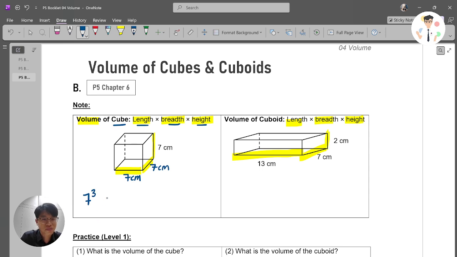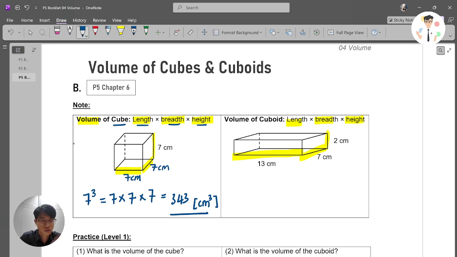And 7 cube does not mean 7 times 3. No, that means 7 times 7 times 7. You can just get your calculator and you should get 343, and in this case it will be in cm cube. Again, cm cube.